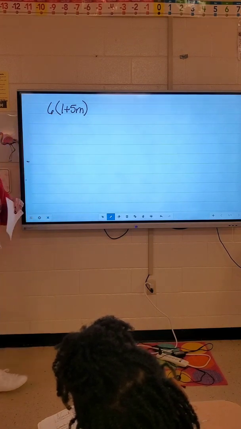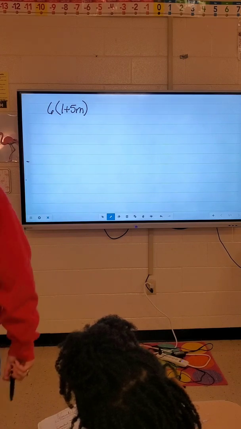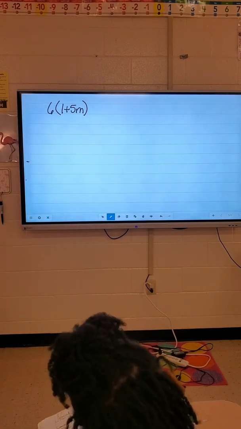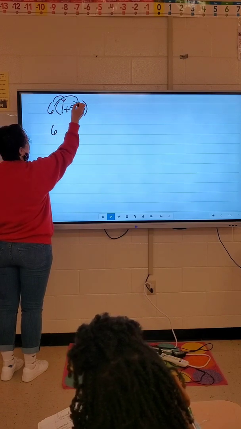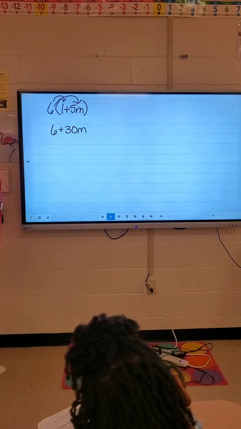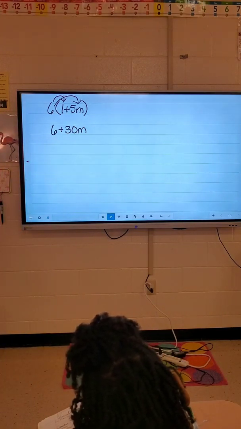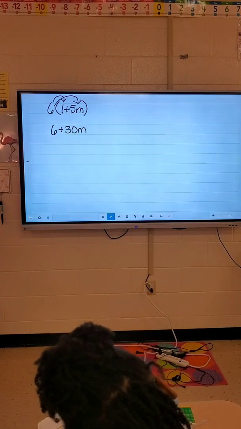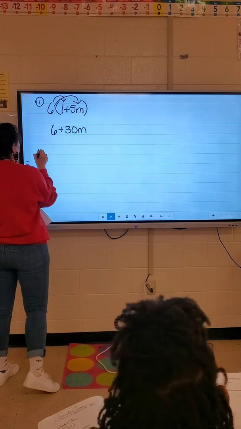We've got to distribute across the parentheses. So 6 times 1 is 6. And 6 times 5m is 30m. And that's all there is. There's nothing else we can do, is there? No like terms. That's number 1.